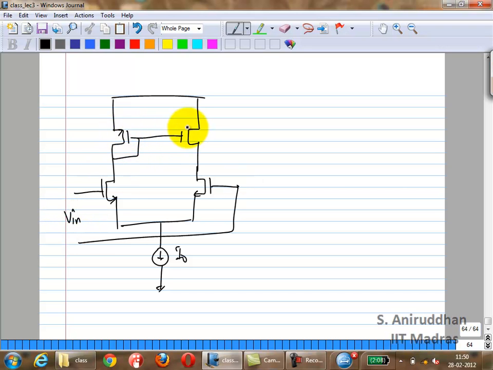Let's go back to the single stage op amp. Right? So this is your V out. What is the output common mode here? What is the output common mode voltage?